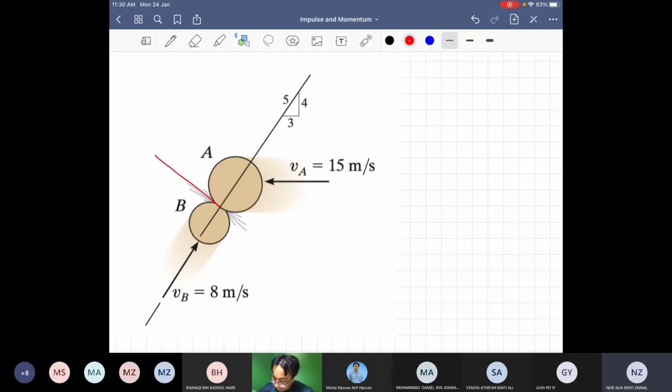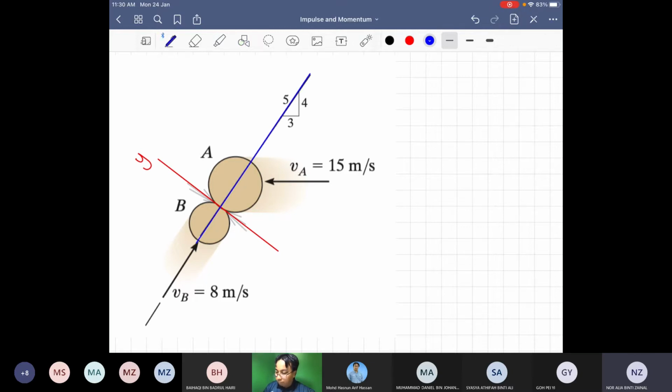This line here will be what we called earlier the plane of contact. So this will be the y axis. This is our y axis. Alright, and then we have the line of impact, which is this line here.